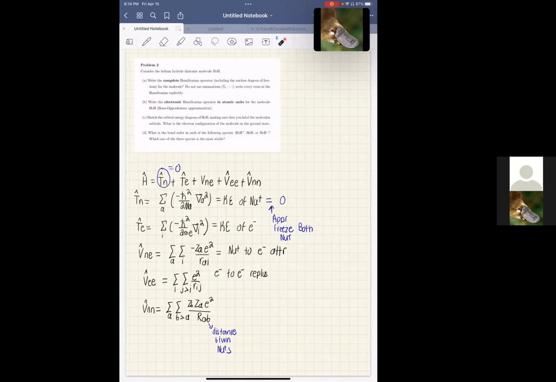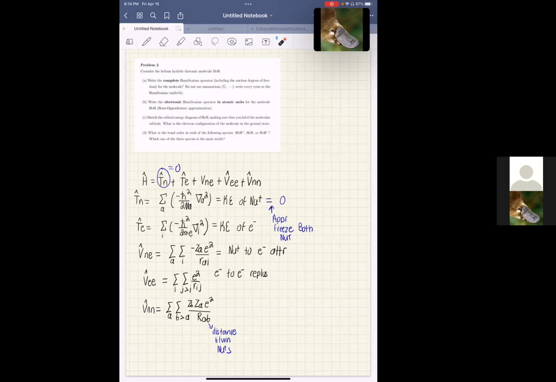So it is asking us to figure out the complete Hamiltonian of a diatom of helium hydride. Just going to take some notes here. To figure this out, the complete Hamiltonian, the only difference from the electron Hamiltonian is that it includes the kinetic energy of the nucleus.